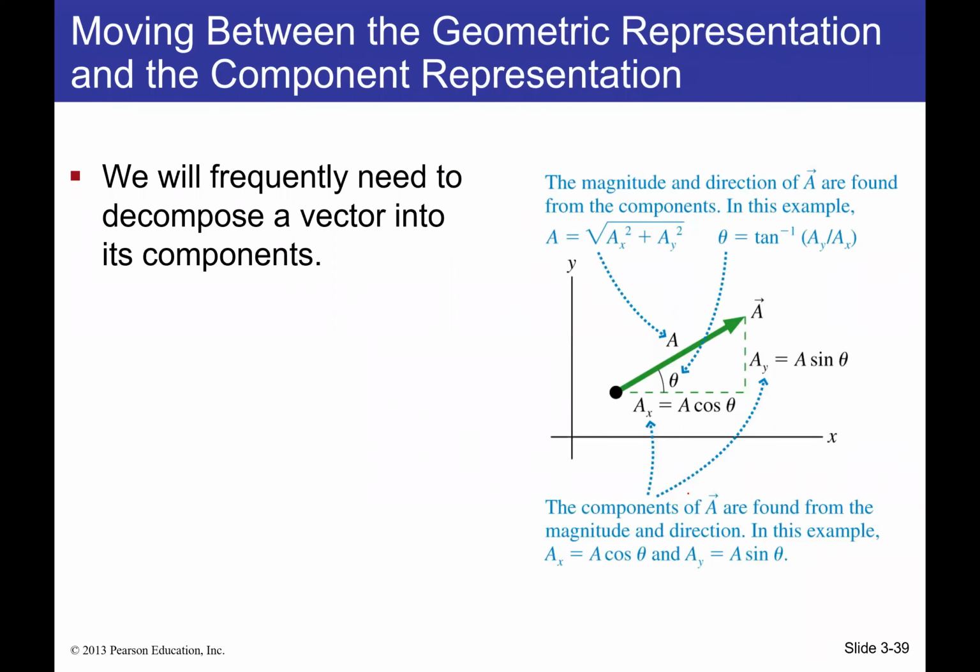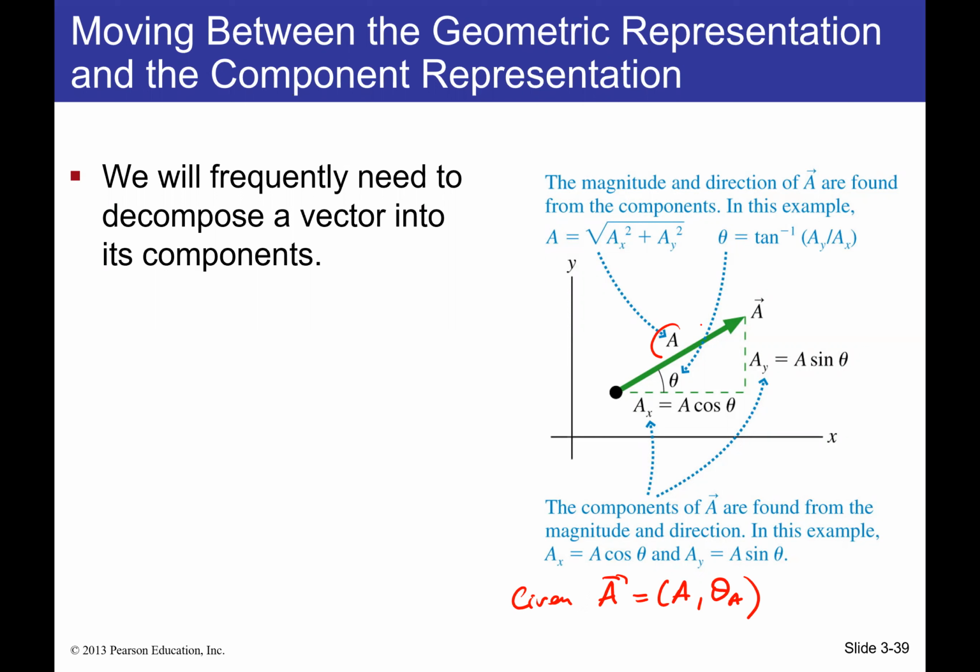So let's summarize that. Let's say we are given vector A in terms of its magnitude and direction. So we're given those two pieces of information.